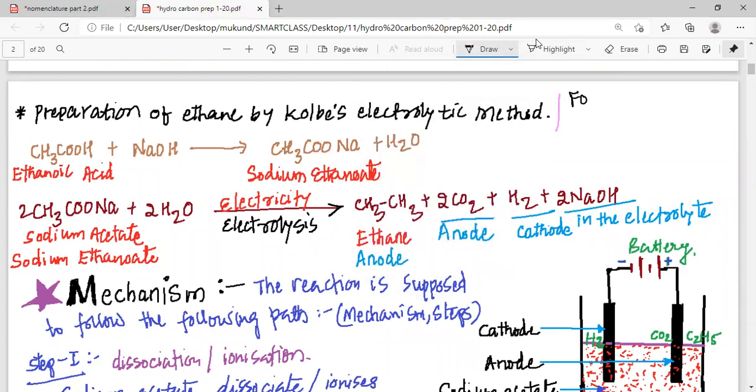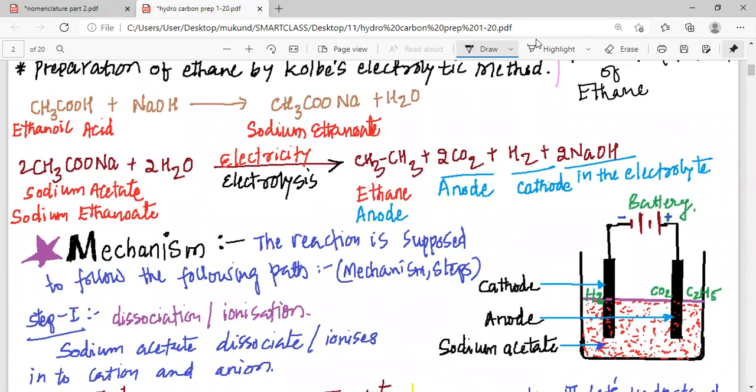First, we take ethanoic acid, we allow it to react with sodium hydroxide, and we get sodium ethanoate. Please remember that we are going to use the aqueous solution of sodium ethanoate.